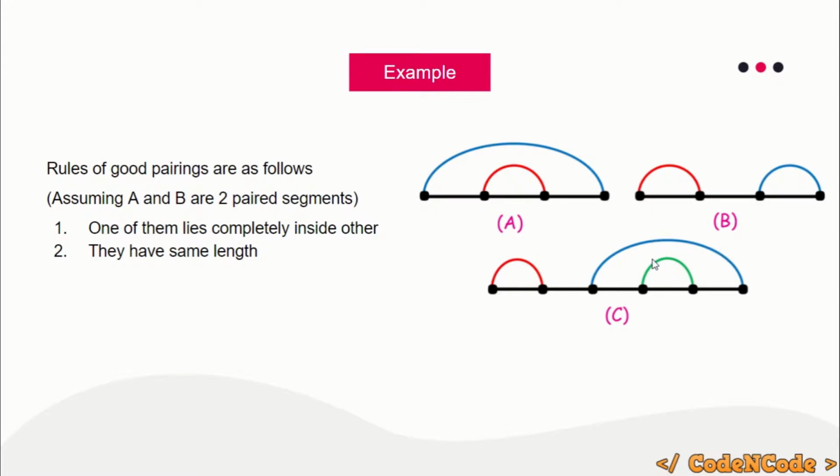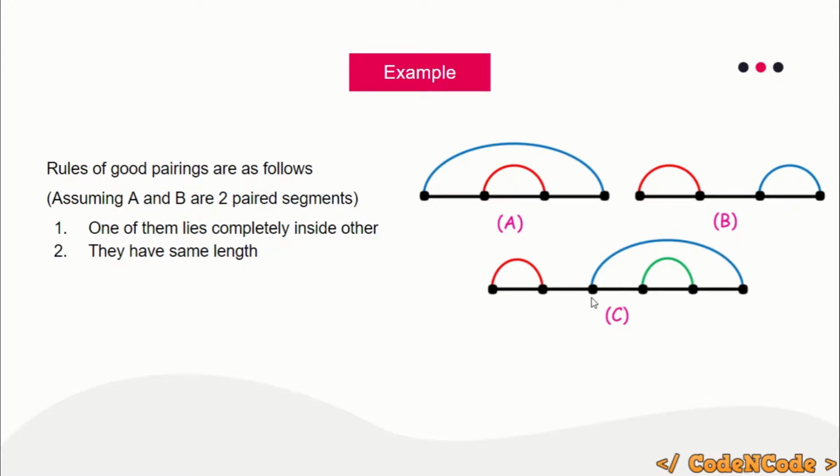Blue-green is okay because green is completely inside blue. But red-blue is not okay, because neither do they have the same size, nor is one of them inside the other. Because of this pair, this whole configuration is invalid.